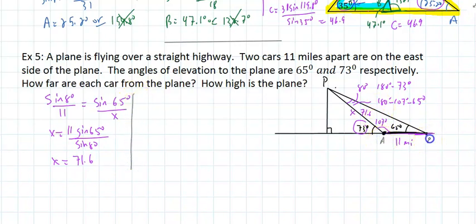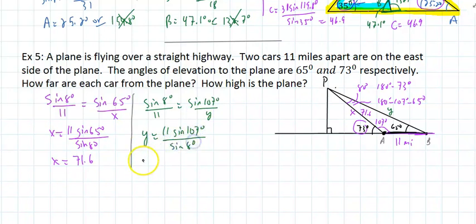So this is what I have, the first question, right? Call this A, call this B, I got X. If I call this second car Y distance away, wouldn't you say the sine of 8 degrees to 11 equals the sine of 107 degrees to Y? And Y would equal 11 times the sine of 107 degrees divided by the sine of 8.